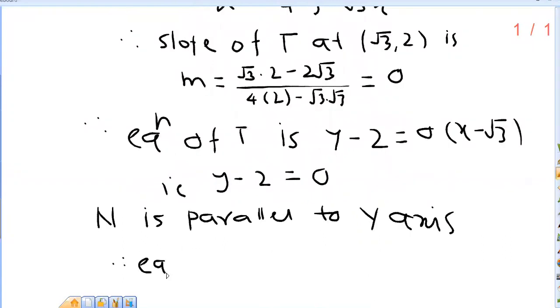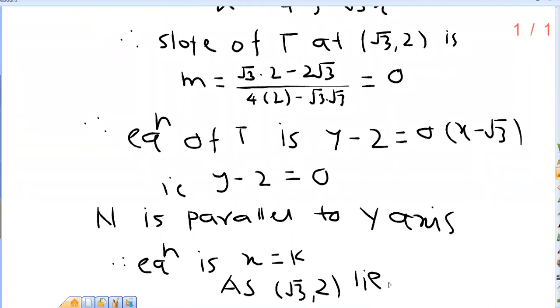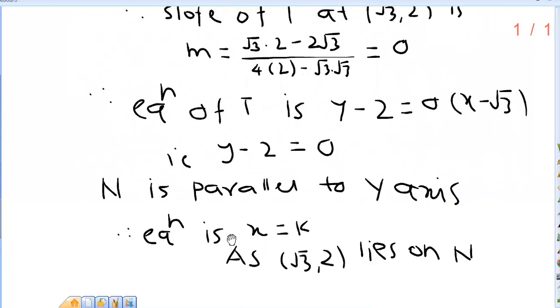Therefore, its equation is, if a line is parallel to y-axis, then its equation is x equal to constant. I'll explain why. But at which point? Root 3 comma 2 lies on tangent, sorry, lies on normal. We have to say it lies on tangent also, but here we have to say lies on normal.